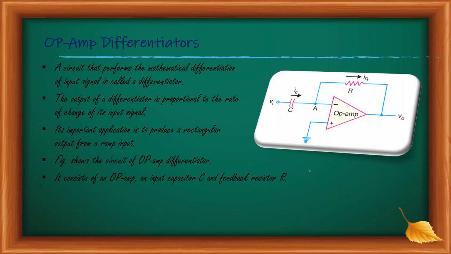We know that in the case of integrator, the capacitor is in the feedback and resistor in the input. And here the capacitor is in the input and resistor in the feedback.